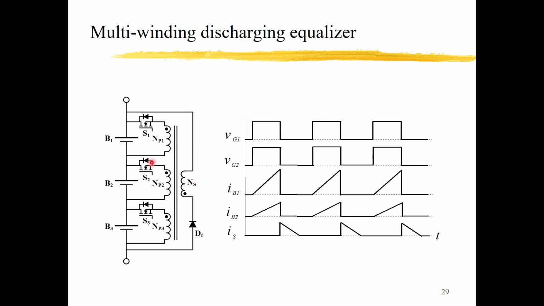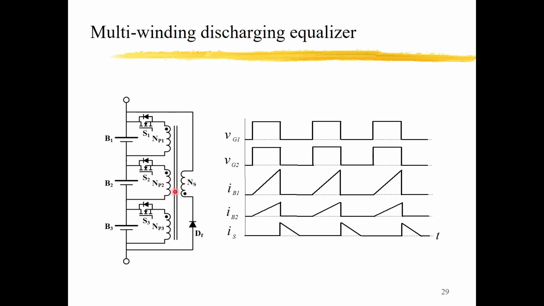Just like the previously explained mechanism, we turn on all the switches, and because the primary windings have the same turns number, the winding voltage will all be the same. Now, if for example B2 has the highest voltage, then B2 will transfer the most energy to the windings.